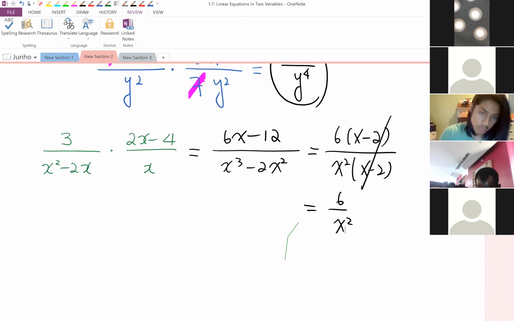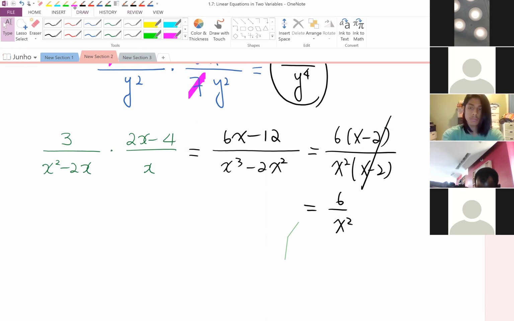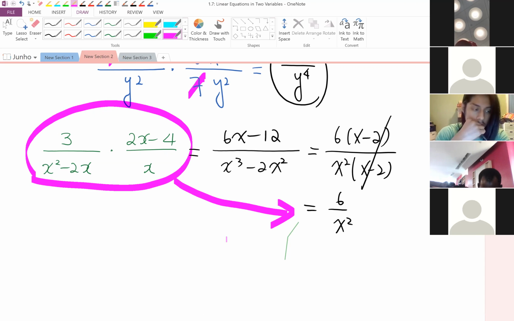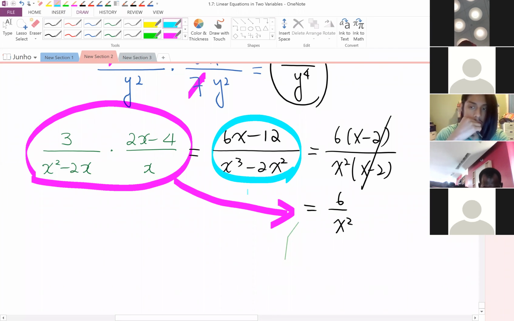without reaching this step, can we go from here to here? Because sometimes this step, the blue step here, can be very complicated. So even though that's a great idea, sometimes it may not be a great idea.